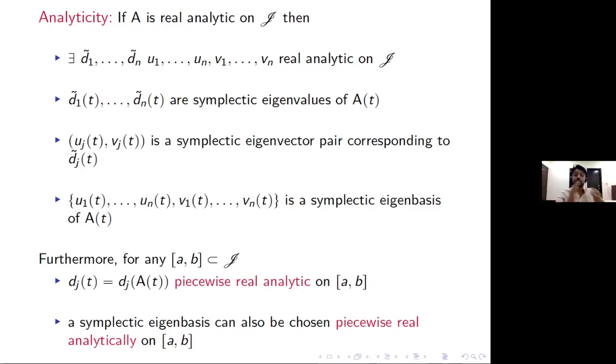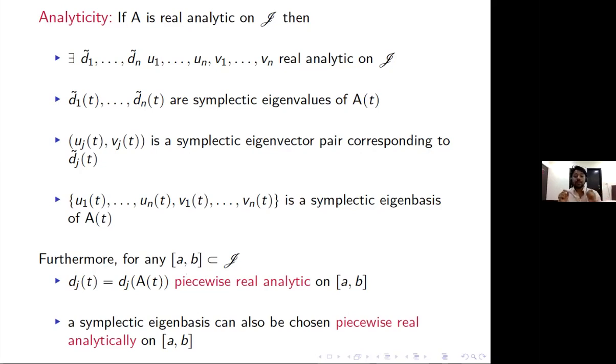And we go one step further and talk about the properties of the ordered symplectic eigenvalue maps. We find something interesting. If we take any closed and bounded interval [a, b], which is a subinterval of the open interval J, then the map d_j(t), which is the jth symplectic eigenvalue of A(t), turns out to be piecewise real analytic on [a, b].